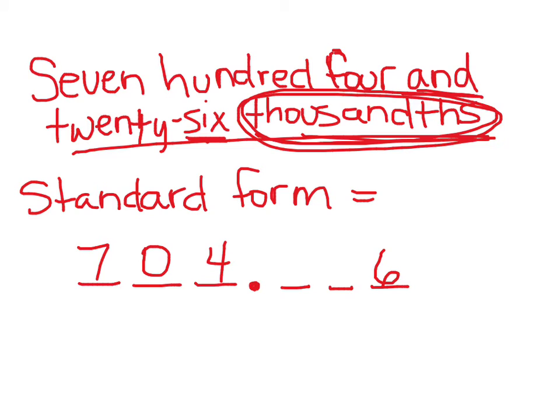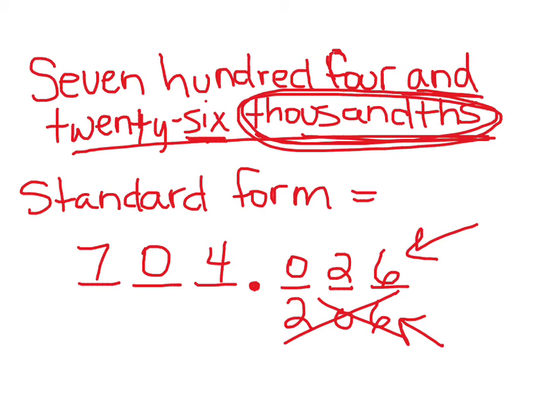So now you have to decide, is it going to be 0.26 or 0.206? This one says 26 thousandths. This one says 206 thousandths, meaning that would be wrong. 26 thousandths means nothing is in this tens place, so you have to give that space.